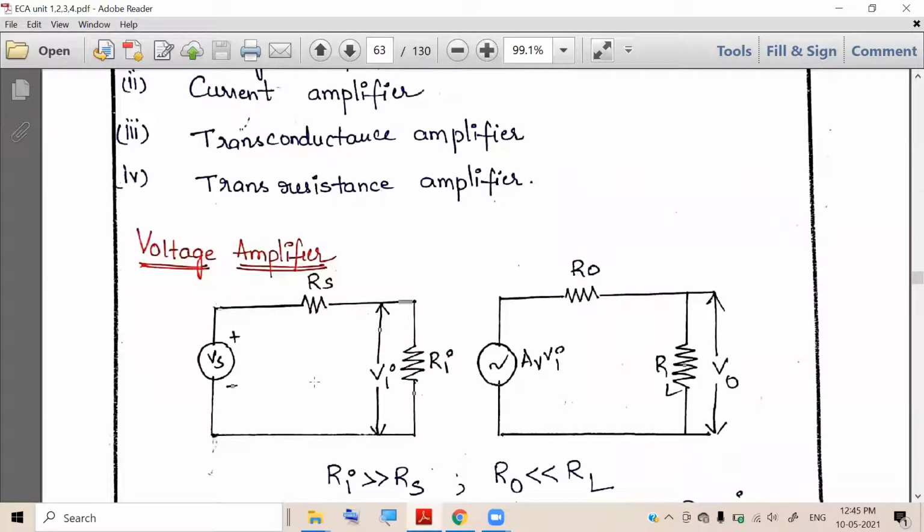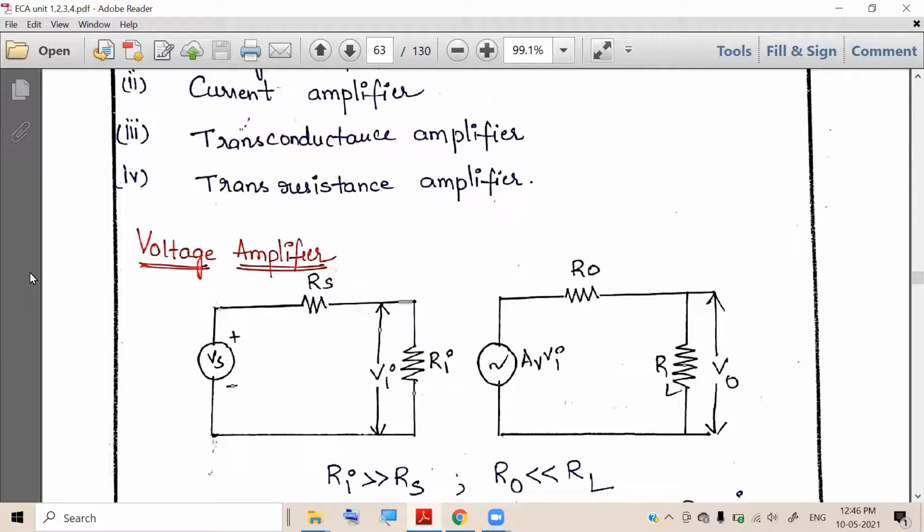Simple school level mathematics is sufficient. This is our amplifier. This is the source, internal resistance. We don't want losses. Now, what is a voltage amplifier? Input is voltage. Output is also voltage with minimum losses, right? Minimum losses means we don't want losses.